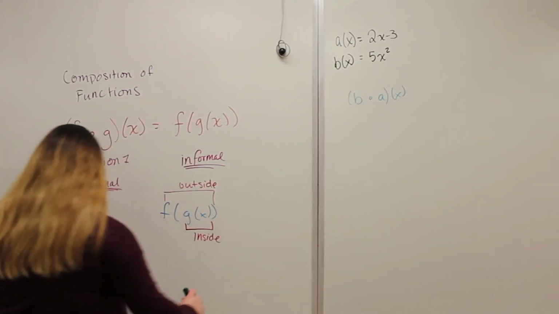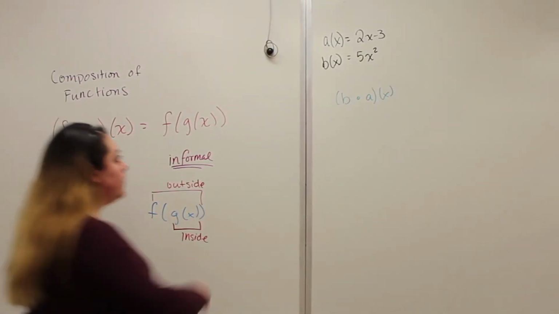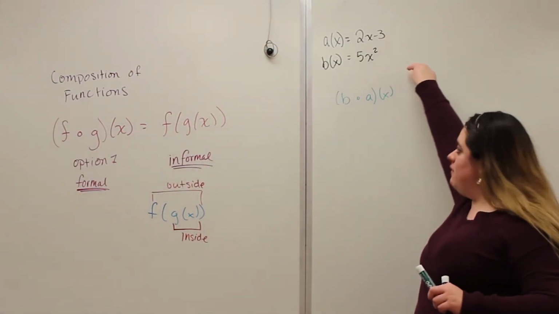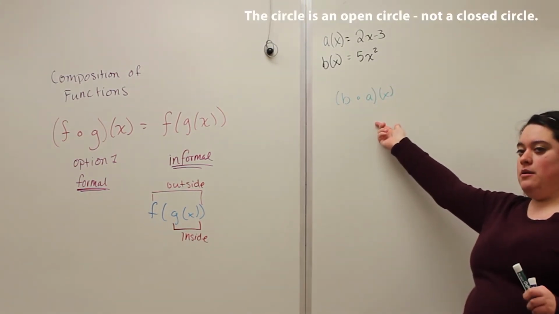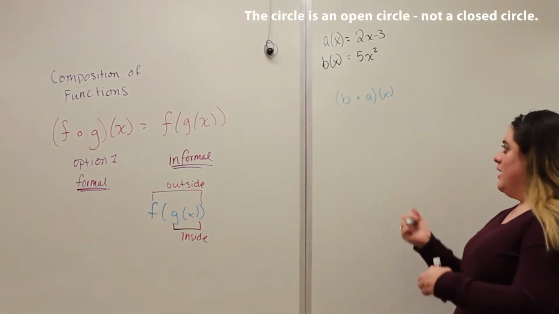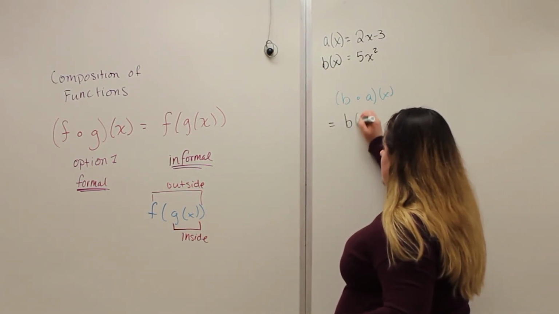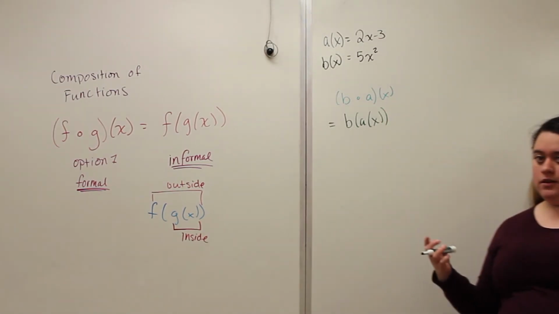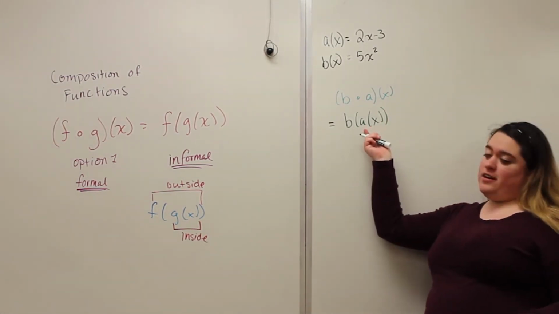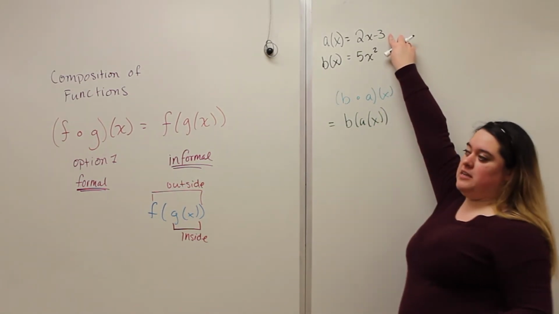So let's look at an actual example where we have to get a general function. If these are our given functions a of x and b of x, let's find b compose a of x. Now remember, this is the same thing as doing b of a of x. So first, let's find our a of x function. Well, our a of x function is 2x minus 3.